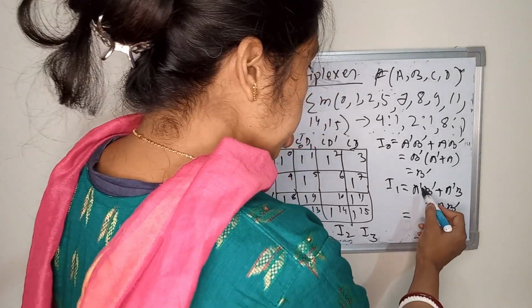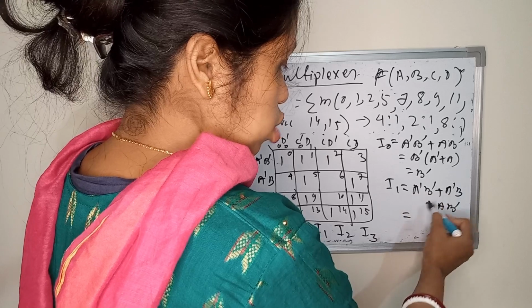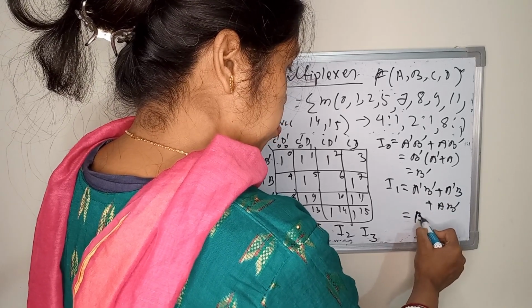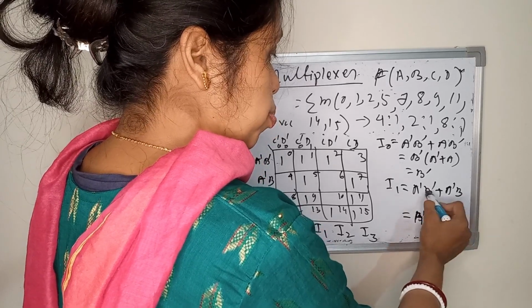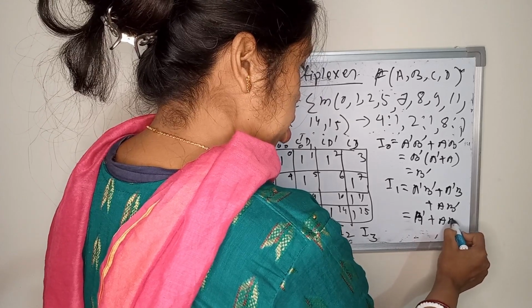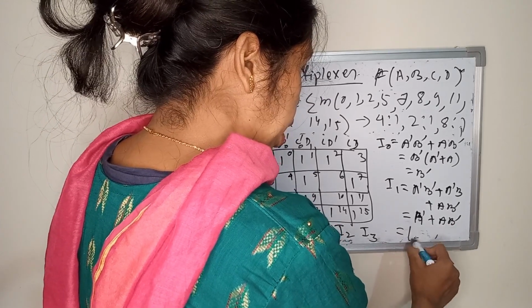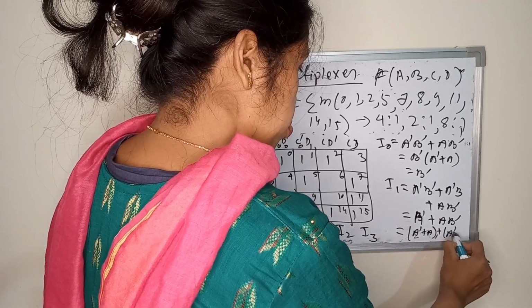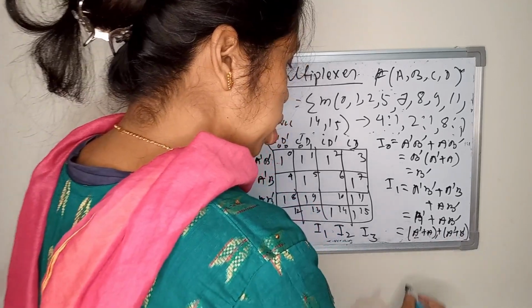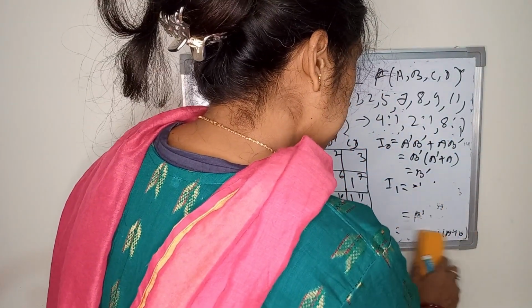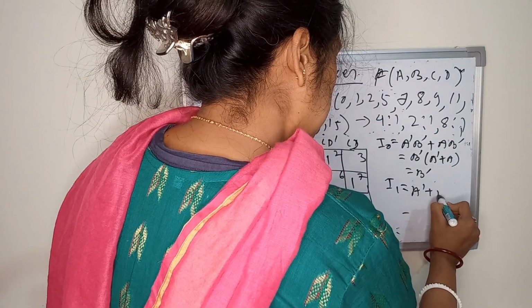Here you can see, if I take A prime from these two terms, you will get only A prime, since B plus B prime is 1, and then A B prime. So it will be A prime plus A prime plus B prime. From here you will get only A prime plus B prime. So I am writing again A prime plus B prime.